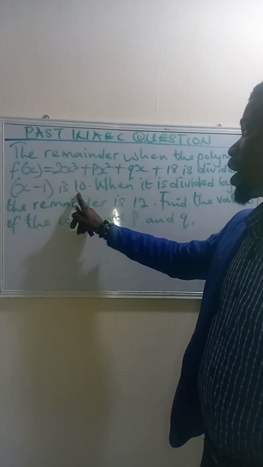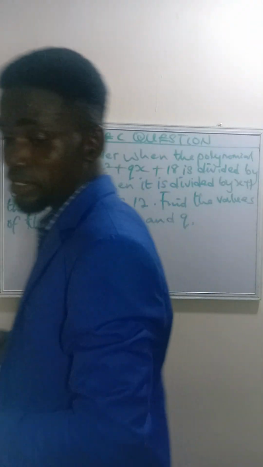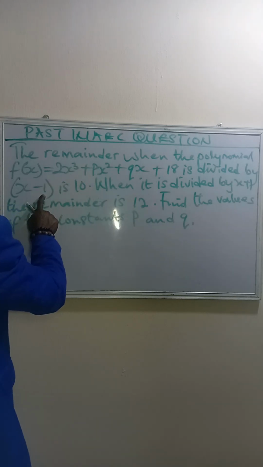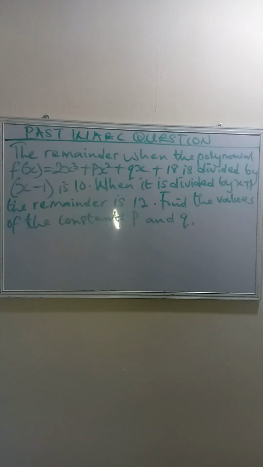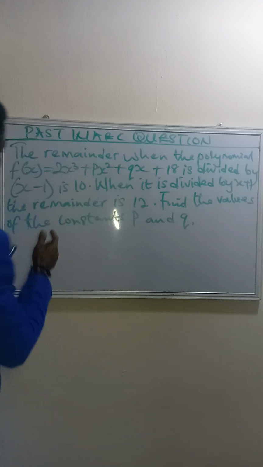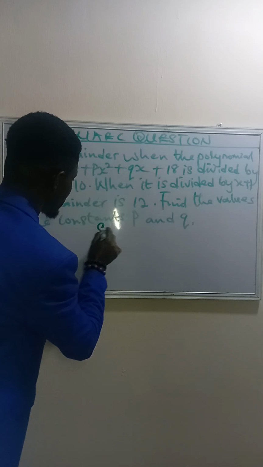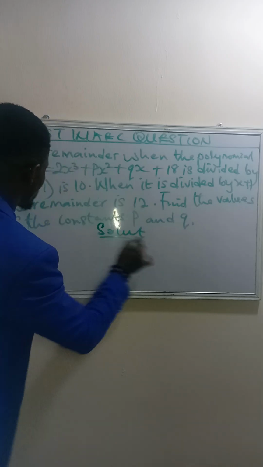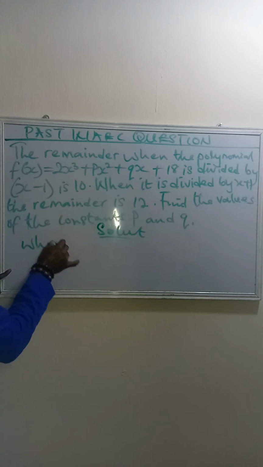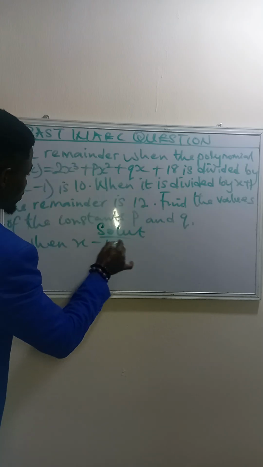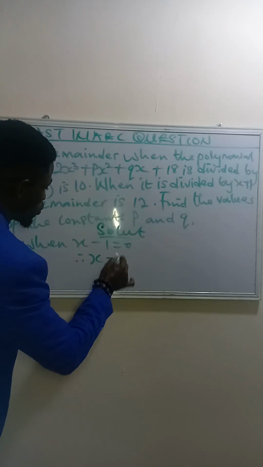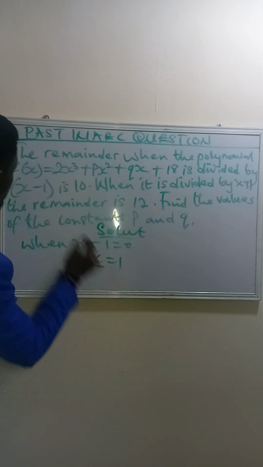given as 10. So it means that when you divide this one by this one, the remainder will give you this one. So how do we now obtain the constants p and q? Solution: we have the factor x minus 1, so when x equals 1, then we have 0. So wherever you see x, put in 1.